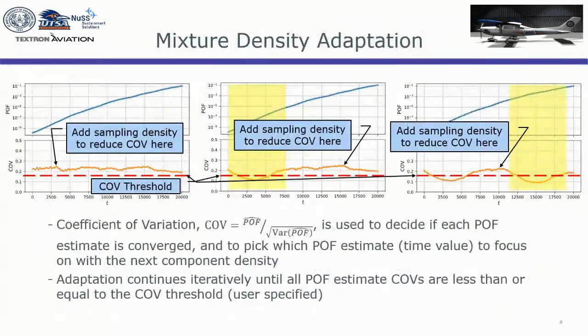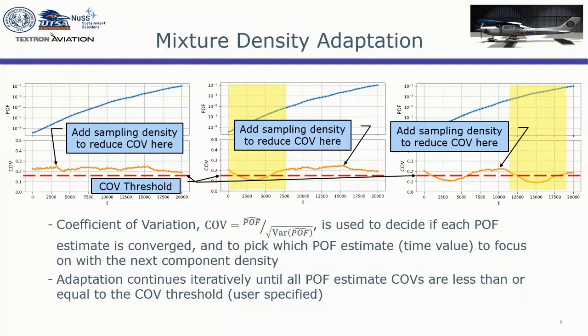So once we have a mixture that we're going to adapt, the next step is, how do we adapt that mixture to estimate the probability of failure? At each step, we calculate the PLF curve. We find the point where the coefficient of variation is highest.